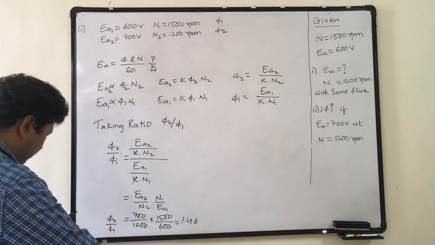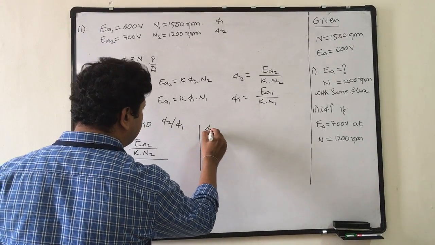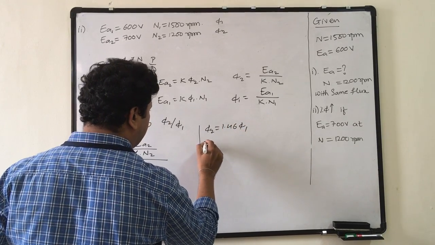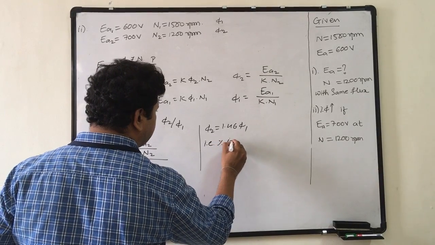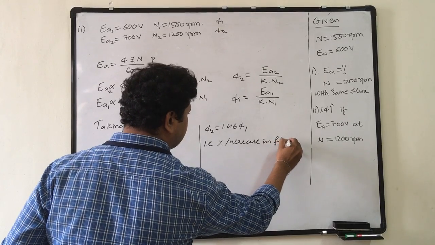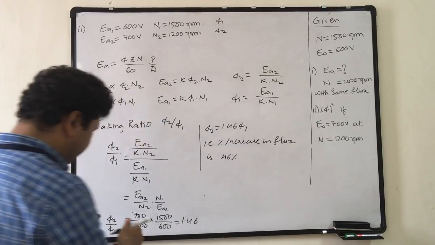So what does this mean is phi 2 is equals to 1.4651. That is the percentage increase in flux is 46%.